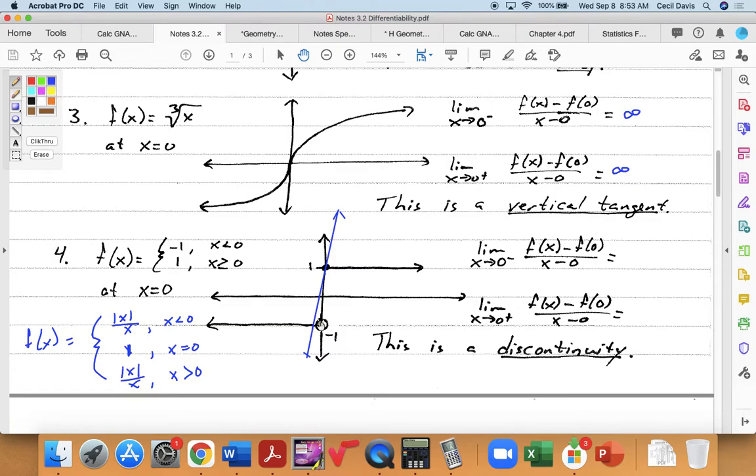Positive, and as this moves closer to 0, the slopes will be getting closer to infinity. Whereas over here, if I'm at a point here, what kind of slopes are these? 0.